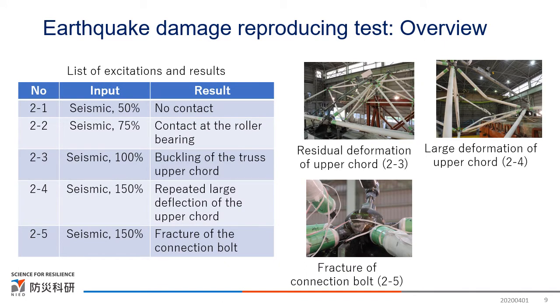Here you can see the overview and result of the seismic damage reproduction test. Here we repeat seismic excitation where the input intensity increases gradually. I'll explain the details of test cases 3, 4, and 5 later.